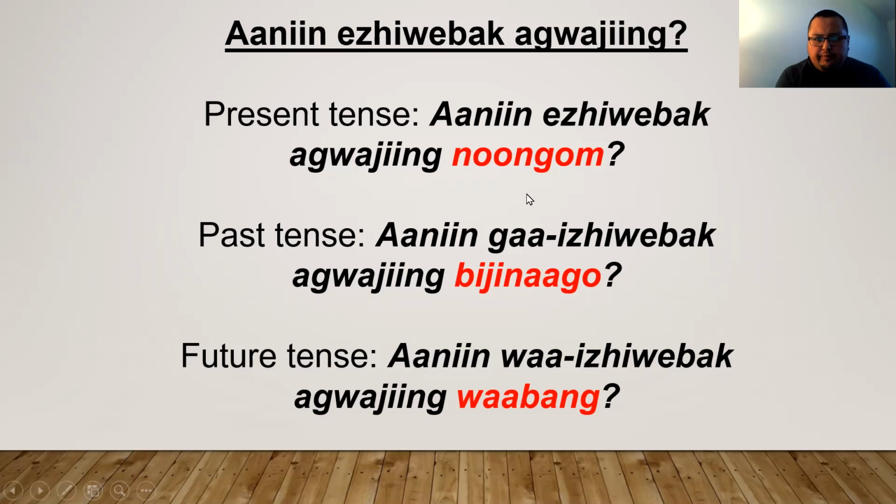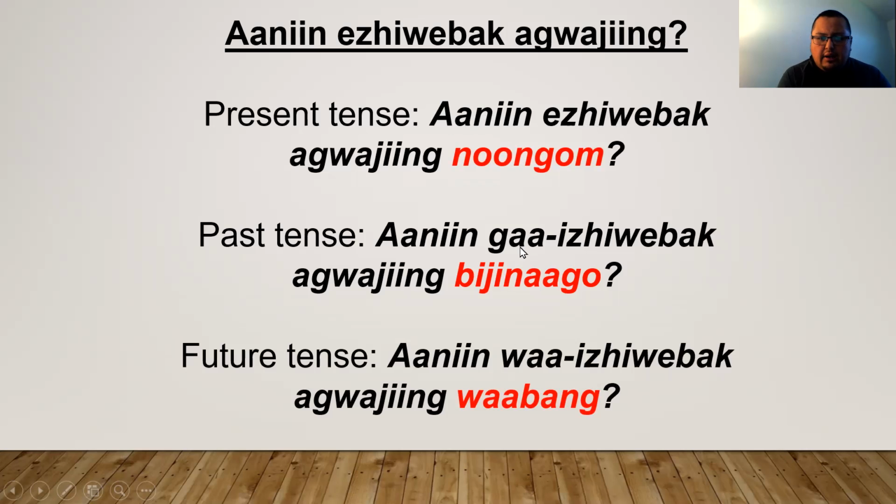So I notice a little pattern here. We have Aaniin, and then our word changed from ezhiwebud to ezhiwebak. And then when you add this ga, you'll see when we answer the question, it changes from ga to gi.